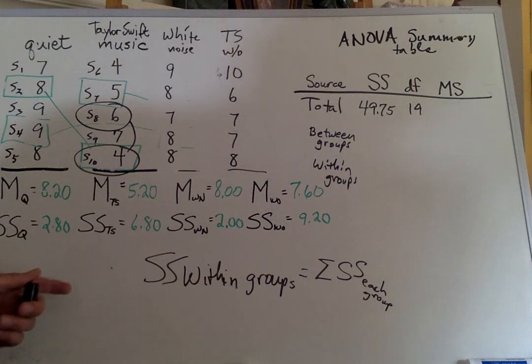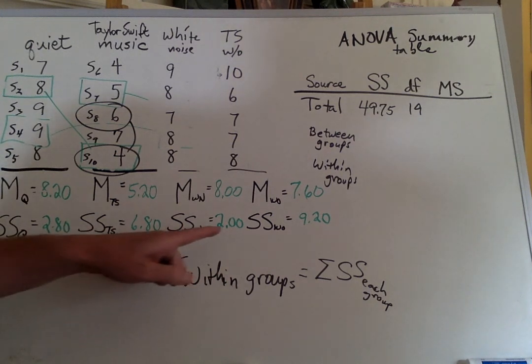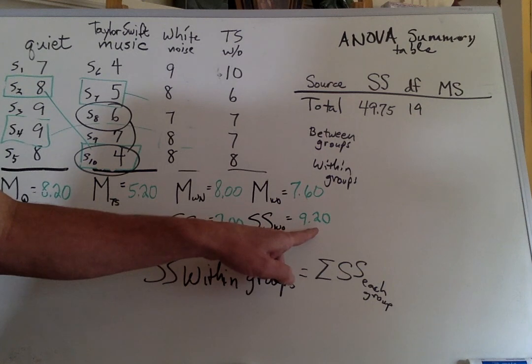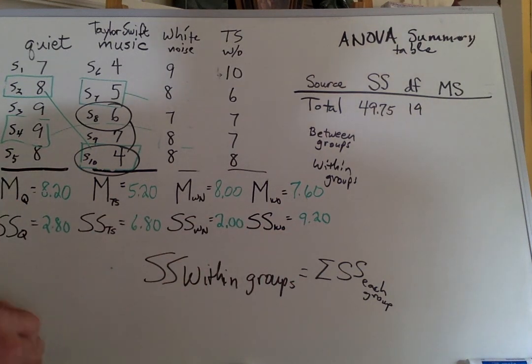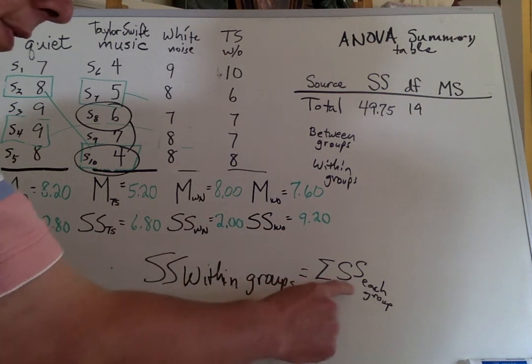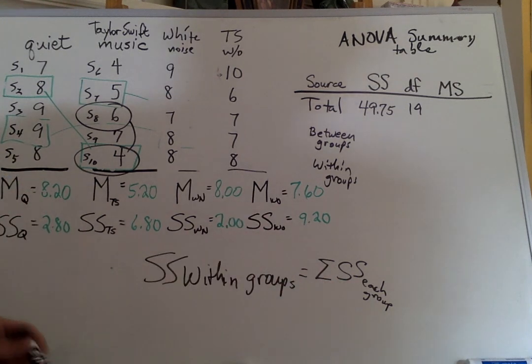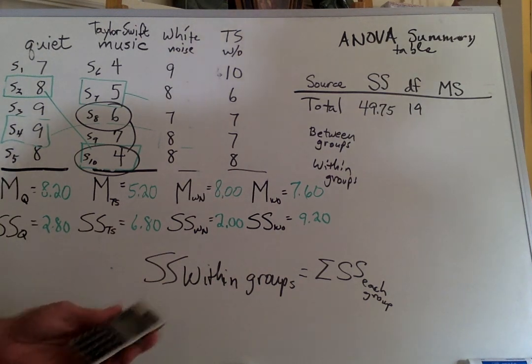We've already done that work here, here, here, and here. Okay? So I'm just going to add up those sum of squares for each of the groups. 2.8 plus 6.8 plus 2 plus 9.2, 20.8.